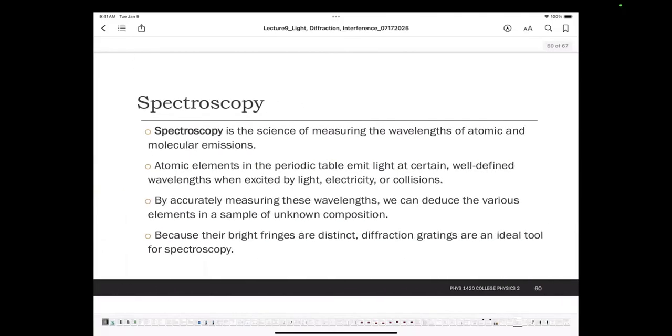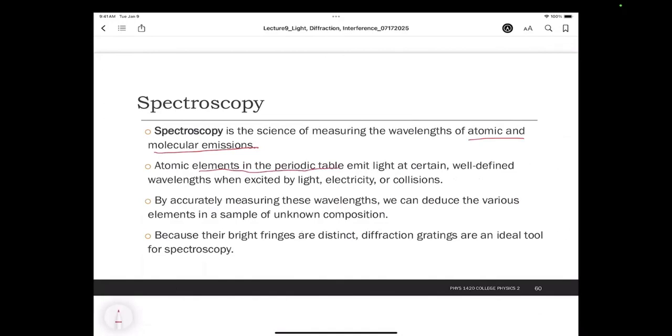Okay, let's talk about spectroscopy. This is something you just need to know. Spectroscopy is the science of measuring the wavelengths of atomic and molecular emissions. Atomic elements in the periodic table emit light at certain well-defined wavelengths when excited by light, electricity, or collisions.